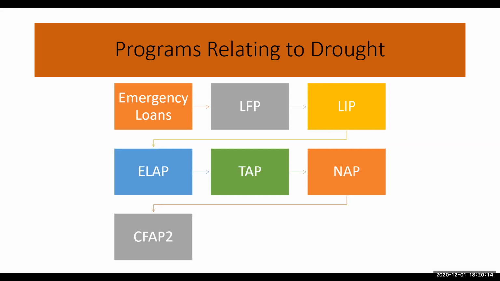It allows those counties to be eligible for emergency loans. Those emergency loans are available to producers who are not able to get loans through commercial or conventional means. They can receive those emergency loans from FSA, up to $500,000 in operating loans, to help them out.